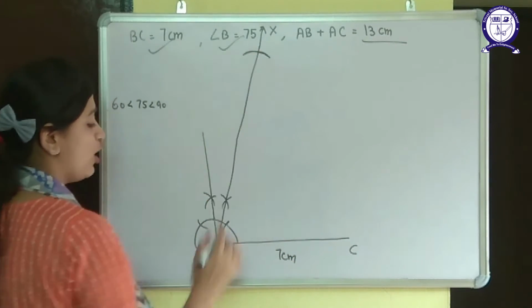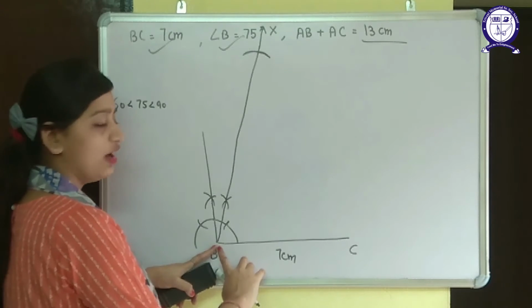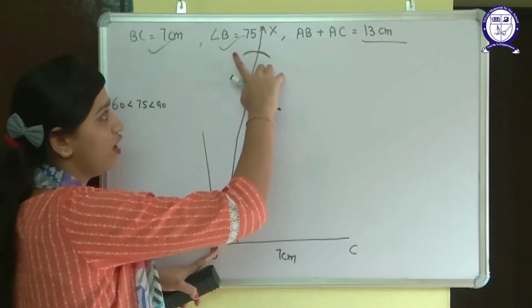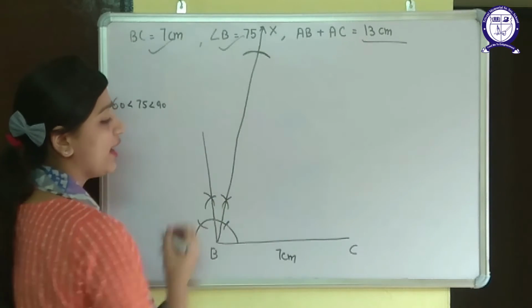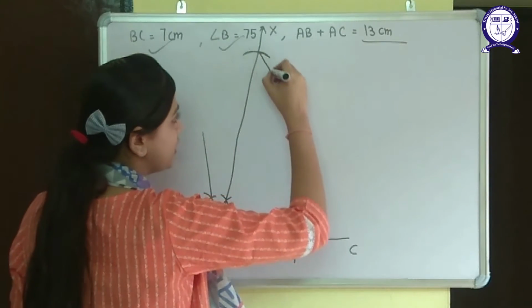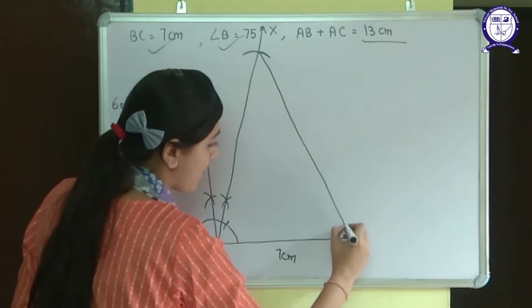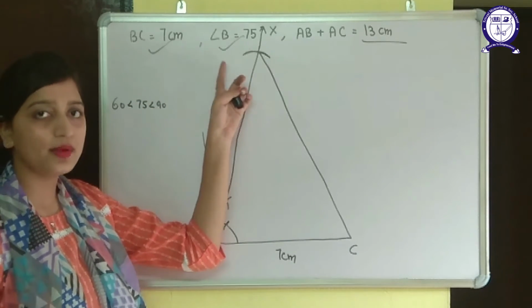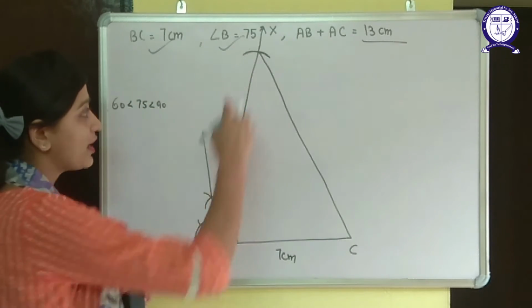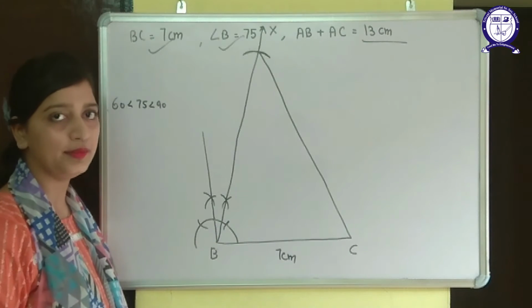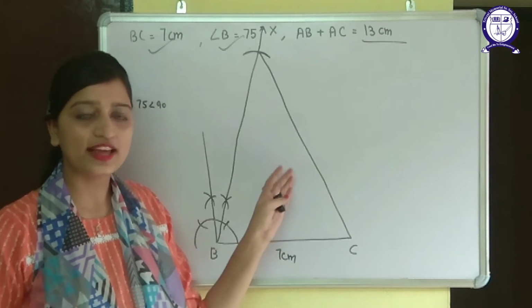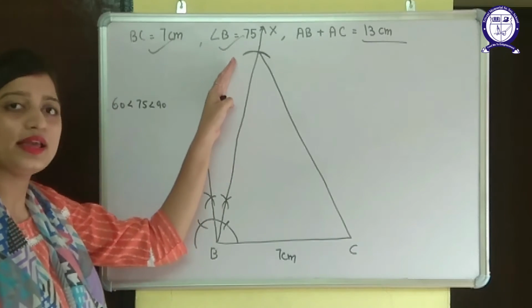From this point B, we will make an arc of 13 centimeter on this line, suppose it cuts here. Then we will join these two points. This point is not my A because this complete line is 13 centimeter. So if this is 13, then what would it be? It would be 0. It cannot be 0. So this is not my A.